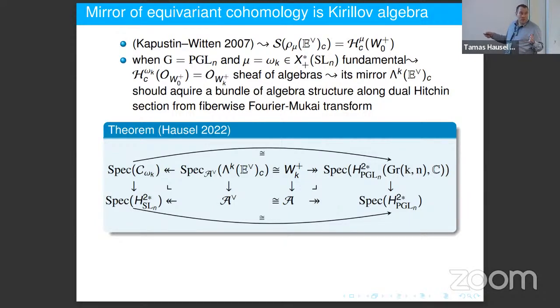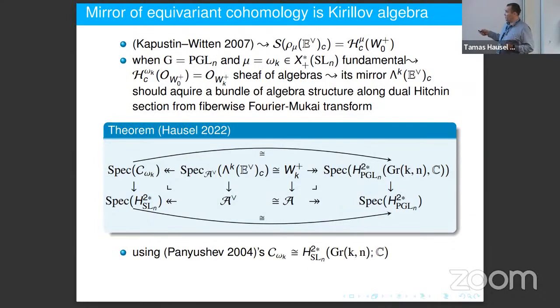Actually it is similar. You use the Killing form on the Lie algebra. You can also identify these two in the same way. And then you use one more result of Panyushev's, which shows that the Kirillov algebra for this particular representation is just the equivariant cohomology of the Grassmannian. Even though he actually does it with SLN, he stays on the other side, this picture shows that more conceptually we should take the Langlands dual group.